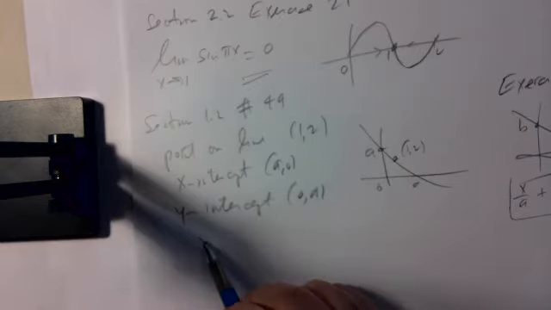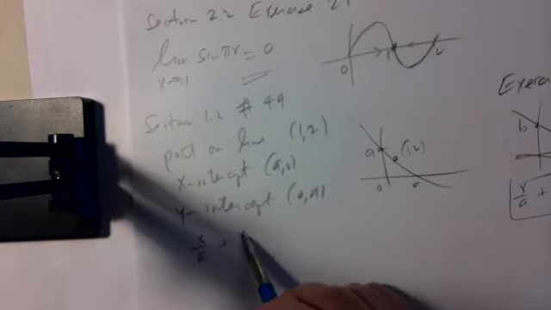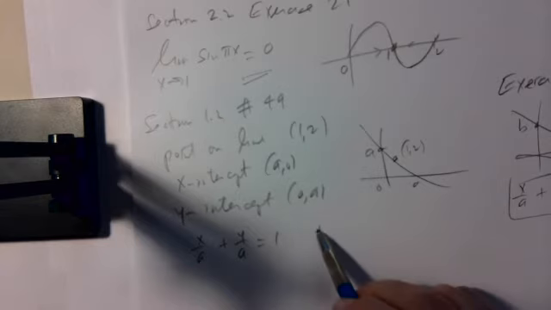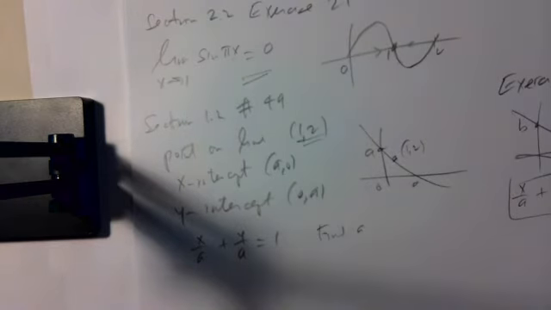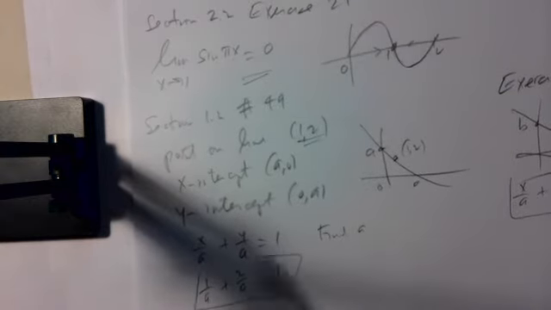So the equation is going to be of the form x over a plus y over a equals 1. But you have to find a. And then you use the fact that the point 1, 2 is on the line. So when you let x equal 1, you get 1 over a. When you let y equal 2, you get 2 over a. So a has to satisfy this equation.